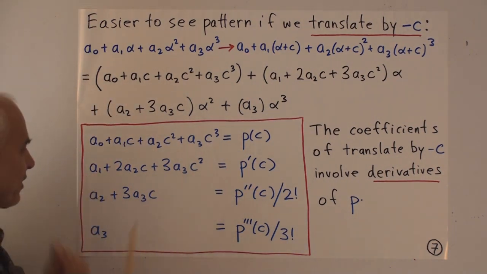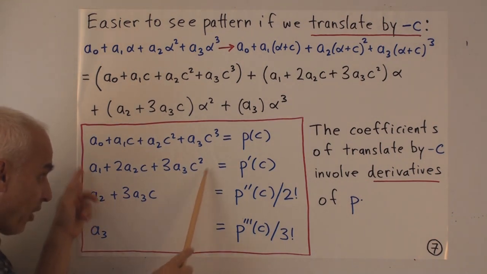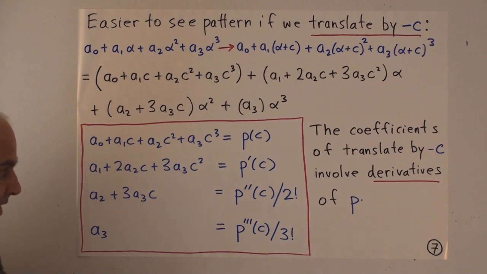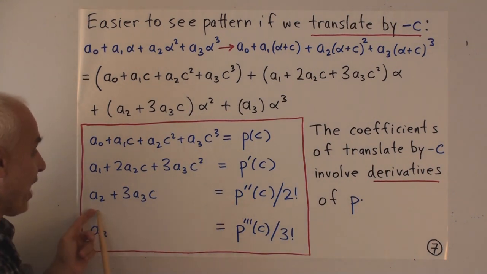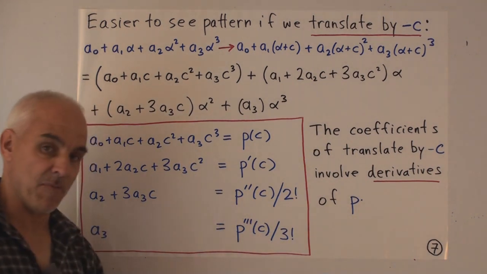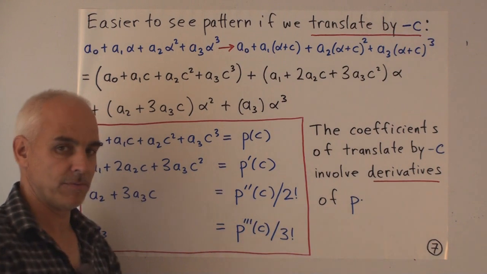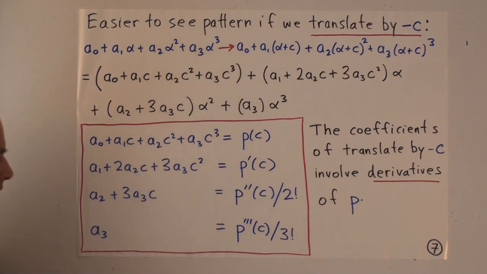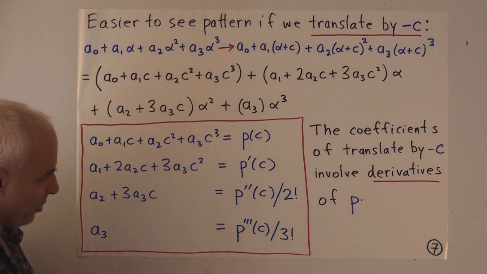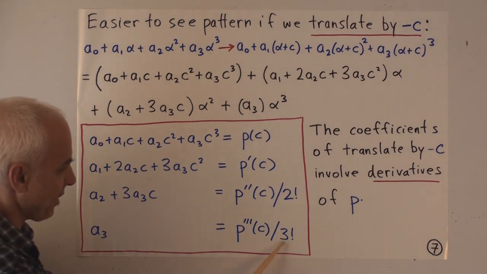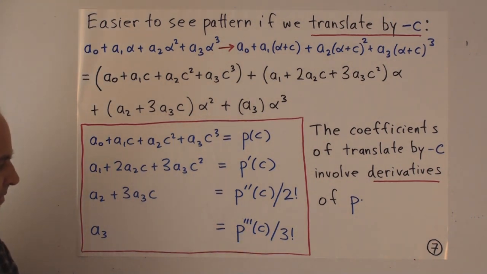Well, I hope students of calculus will recognize there's a very important relation between this polynomial and this polynomial. This one is the derivative of this polynomial, also evaluated at C. And this one here is the second derivative of the polynomial divided by 2, or 2 factorial. And A3 is the third derivative of the polynomial evaluated at C, divided by 3 factorial.